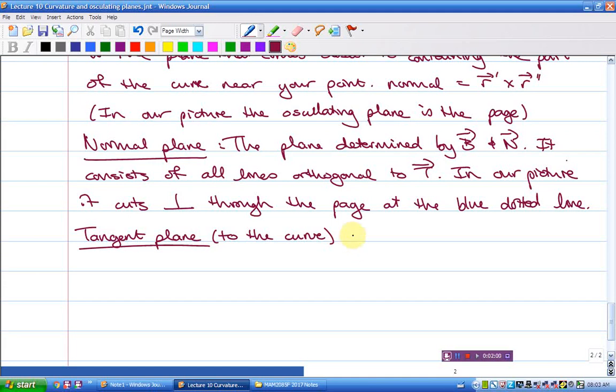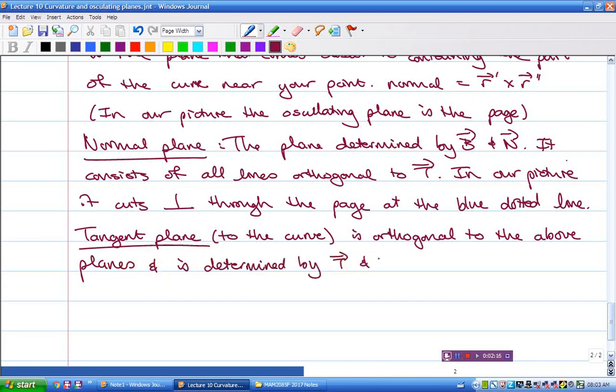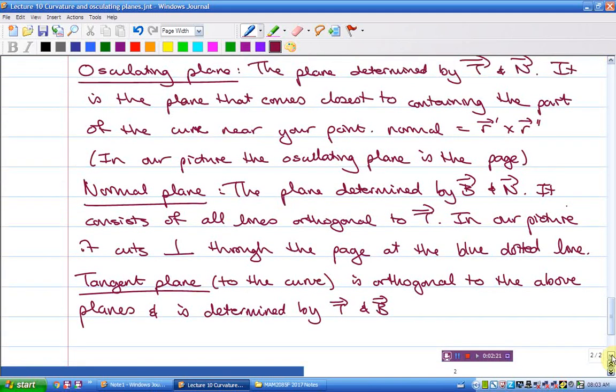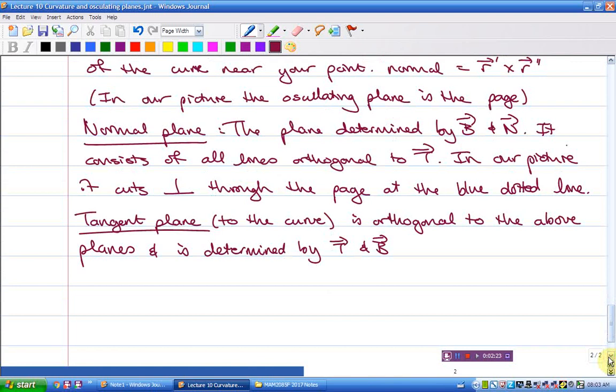Tangent plane to the curve is orthogonal to the above planes and is determined by T and B. B is sticking straight out of the page at us. T was lying along that red line, and B and T between them would determine the plane.